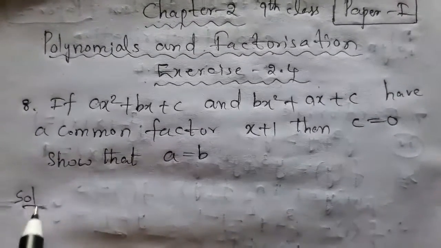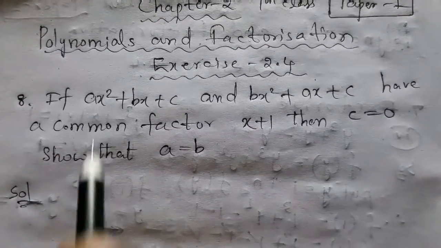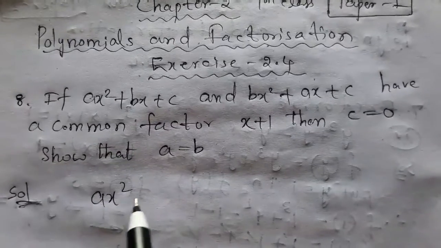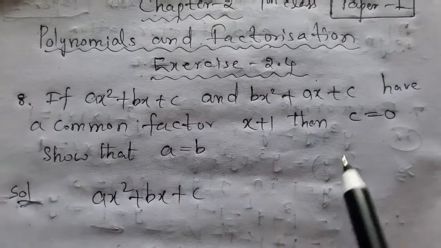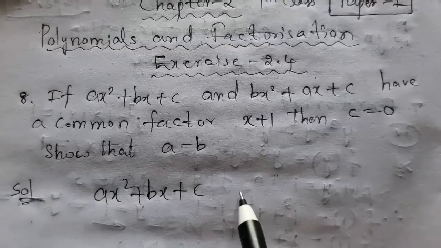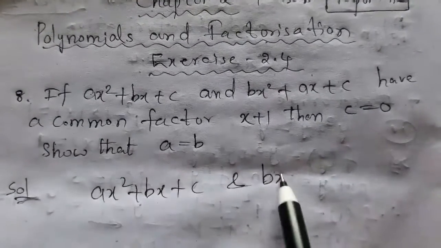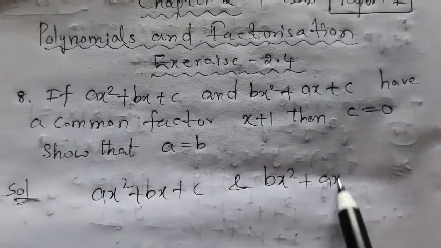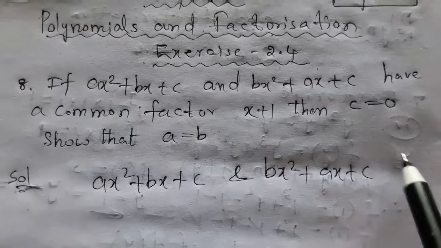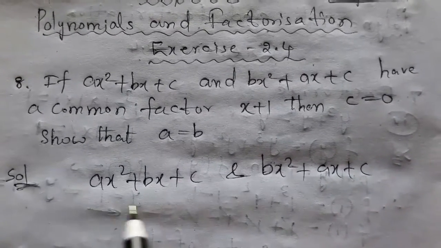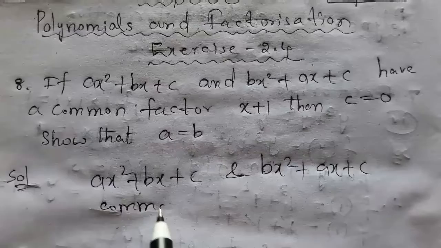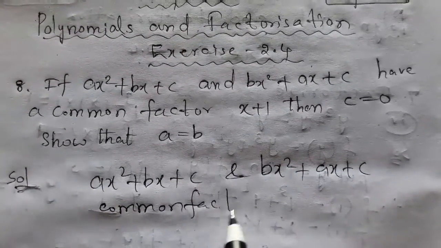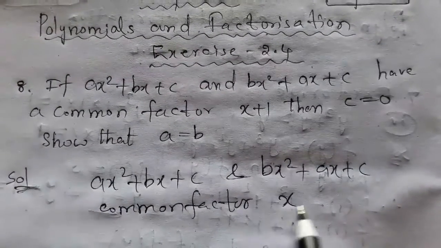So, solution, what is given? ax square plus bx plus c, and next, bx square plus ax plus c. A common factor of these two is x plus 1.